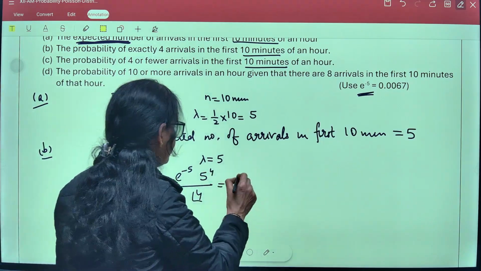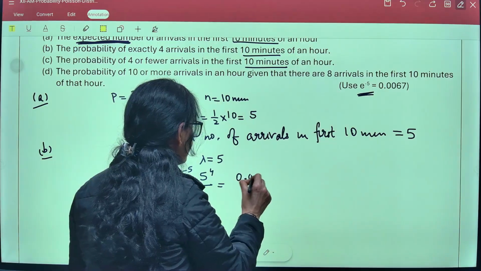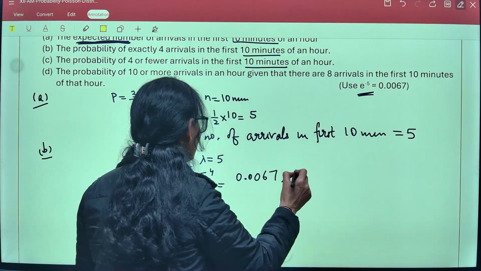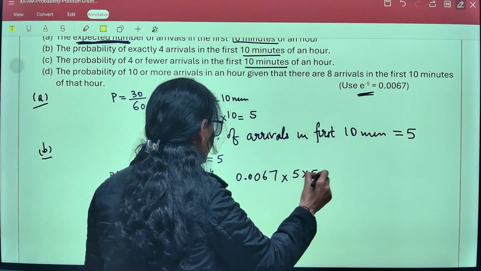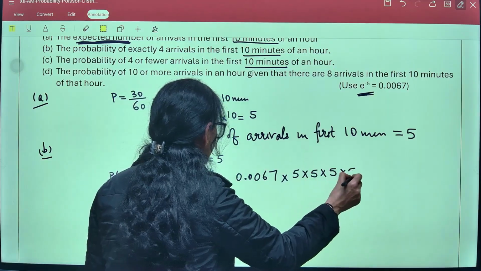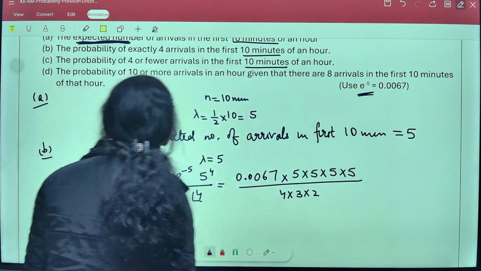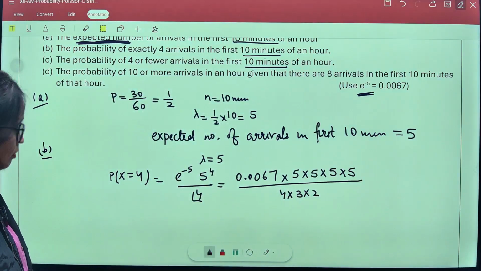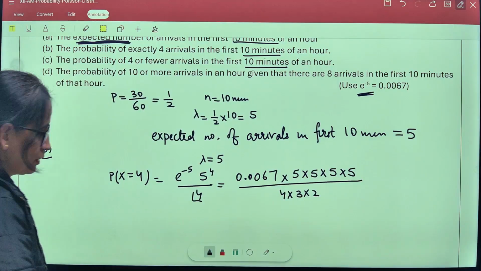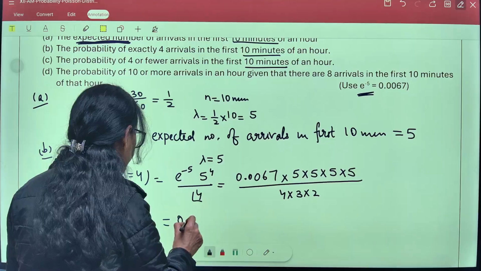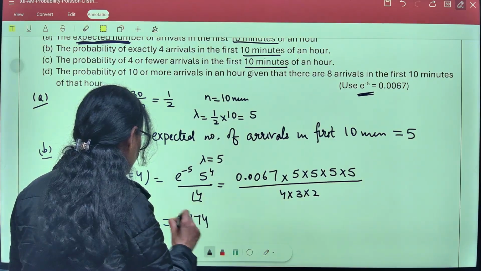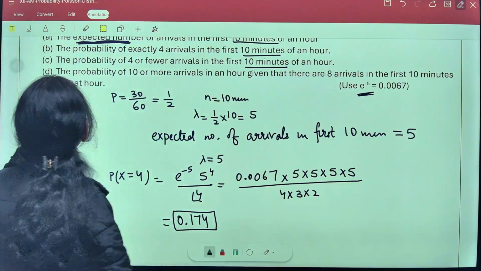Let's put the value of e raised to power minus 5, 0.0067, into 5 into 5 into 5 into 5 upon 4 factorial, which is 4 into 3 into 2. And when you do all this calculation, it comes out to be 0.174.